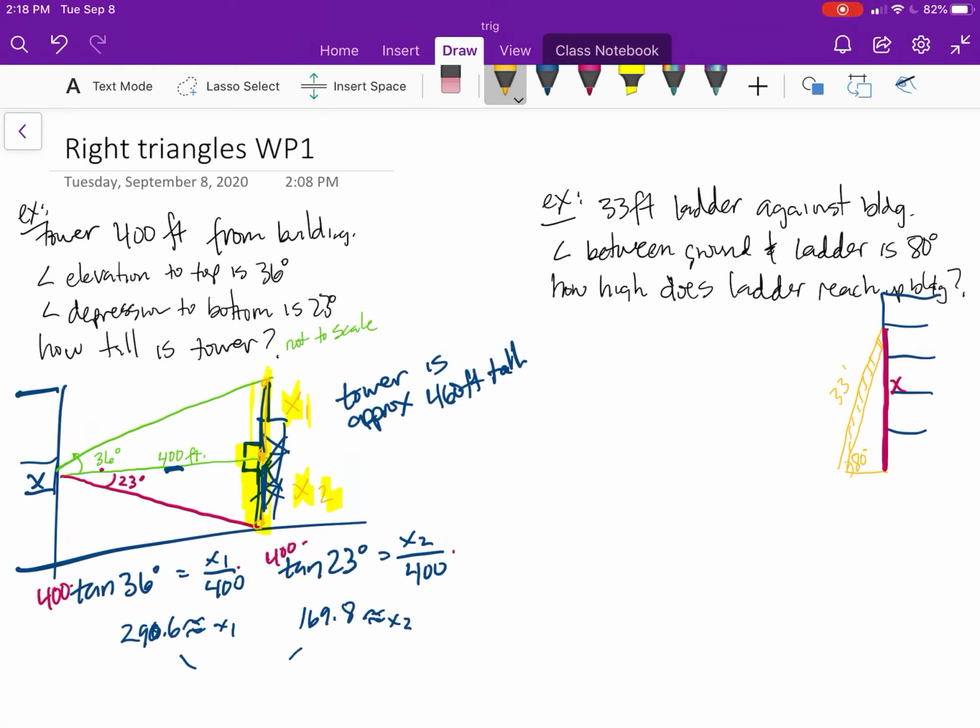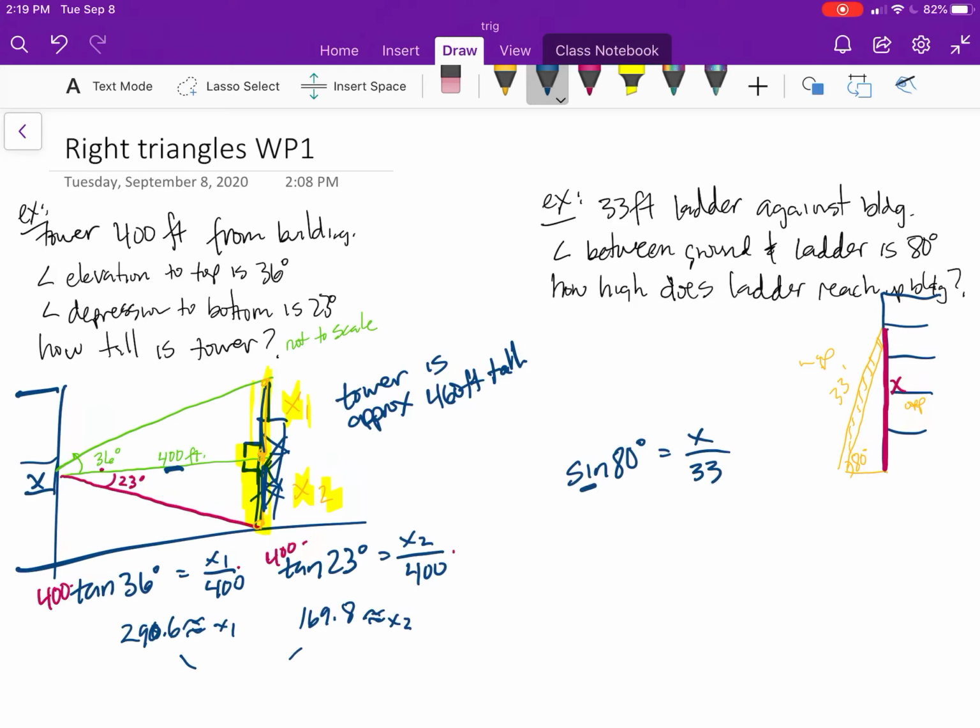All right, solving for X then, from this angle, we have opposite and hypotenuse. So SOHCAHTOA, opposite and hypotenuse, involves sine. So let's go ahead and do that. Sine of 80 degrees equals opposite over hypotenuse.